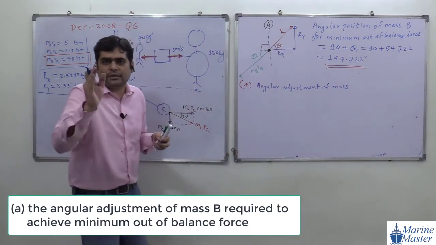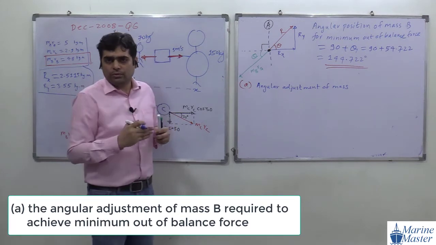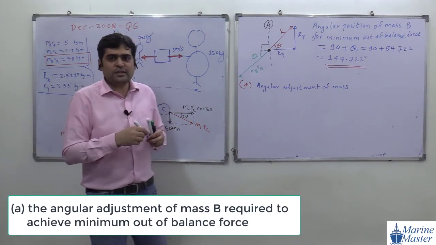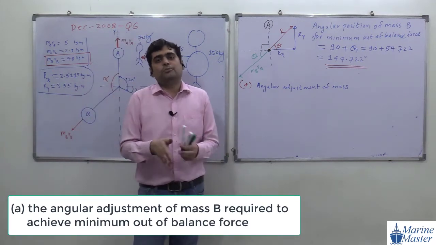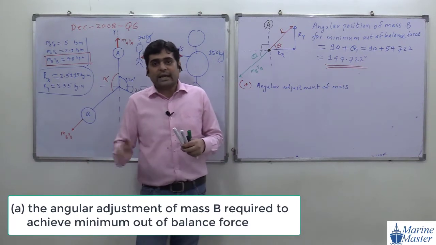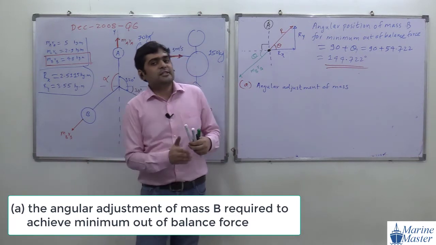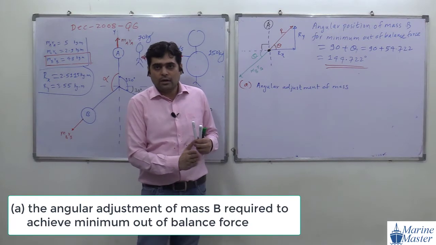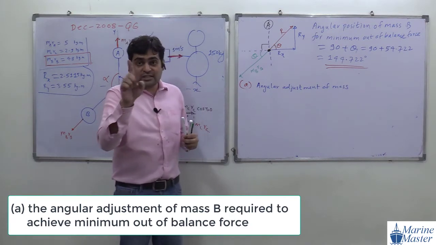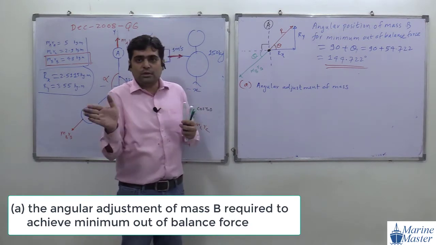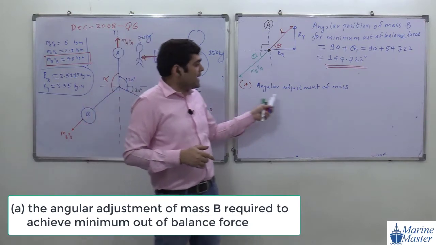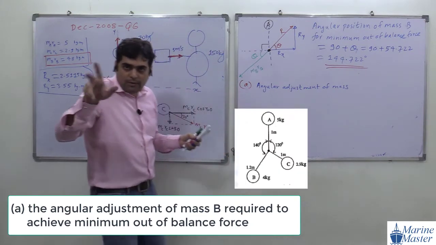Adjustment means movement. Suppose in a train there is a place for only 3 people, but we can adjust a 4th one, and for adjusting the 4th one we have to shift. Are you getting my point? So angular adjustment means how much angular movement we have to do.